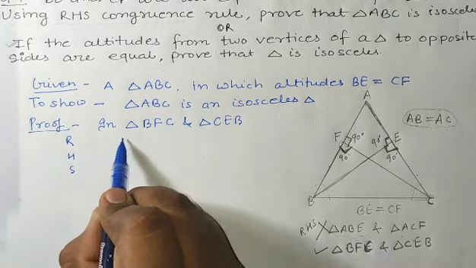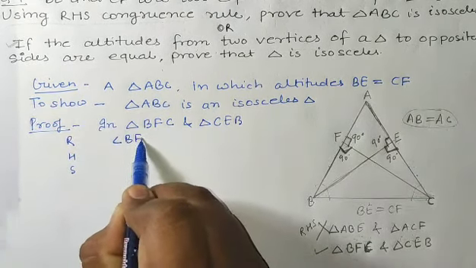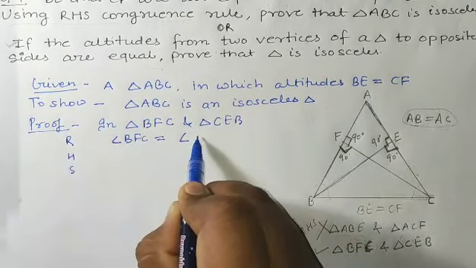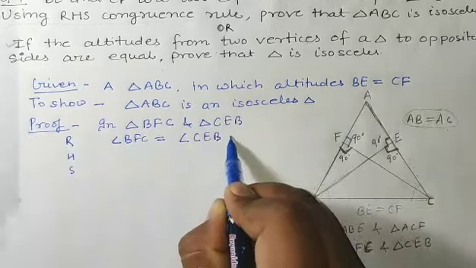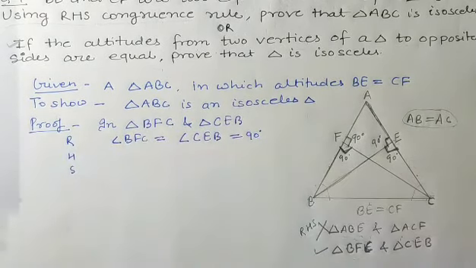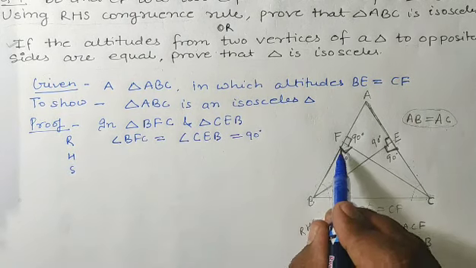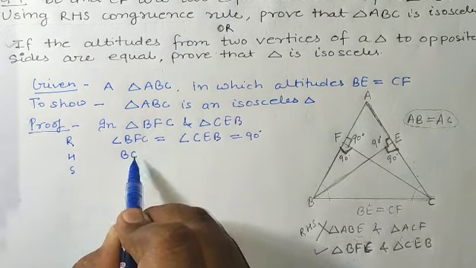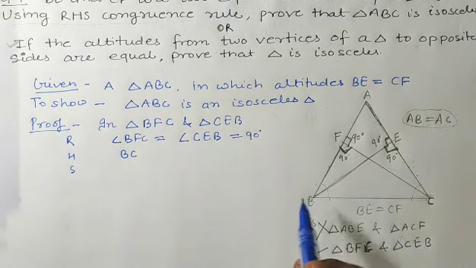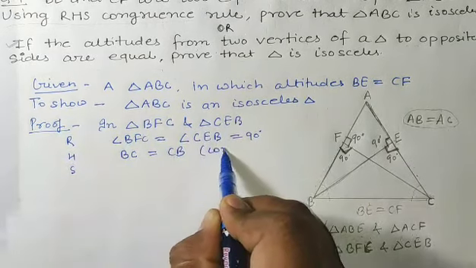The first one is angle BFC is equal to angle CEB, both equal to 90 degrees, as given in the question. The hypotenuse for this triangle is BC, and for the other triangle it is CB; BC and CB are common.